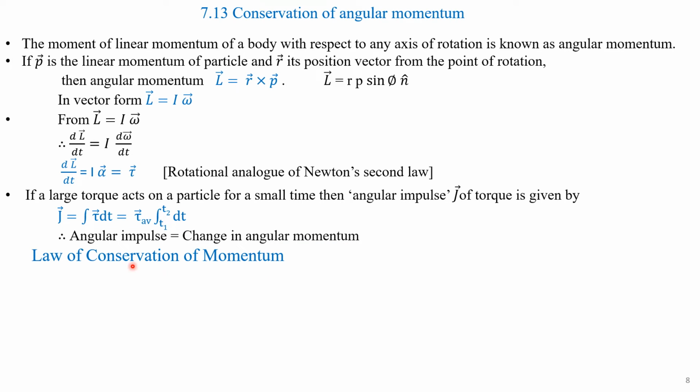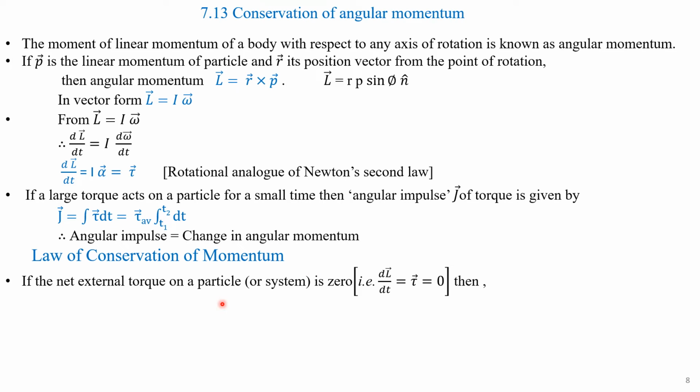Law of conservation of angular momentum. If the net external torque on a particle or a system is 0, that is dL by dt equals tau equals 0, which we derived previously, then the law of conservation states that the angular momentum L equals the sum of all the angular momenta, L is equal to L1 plus L2 plus and so on up to Ln, which is equal to a constant.